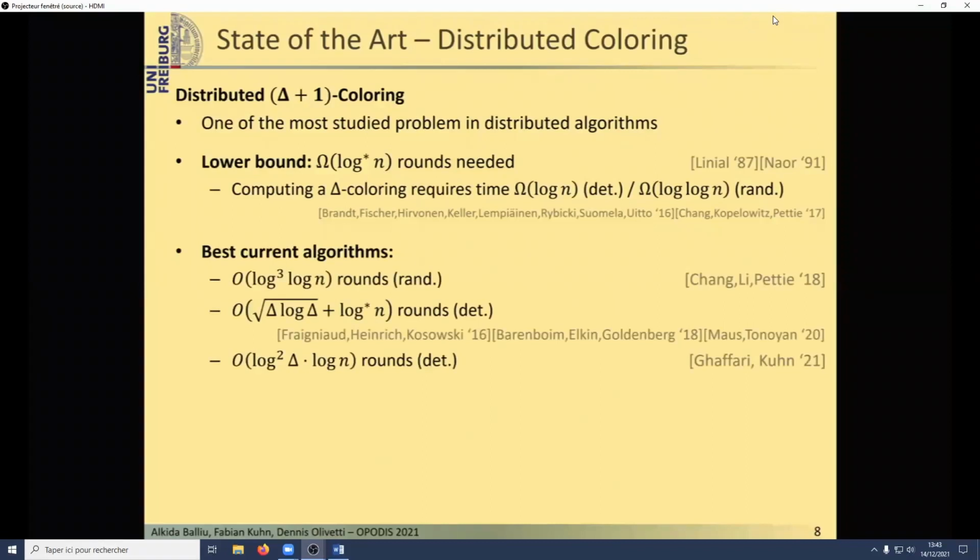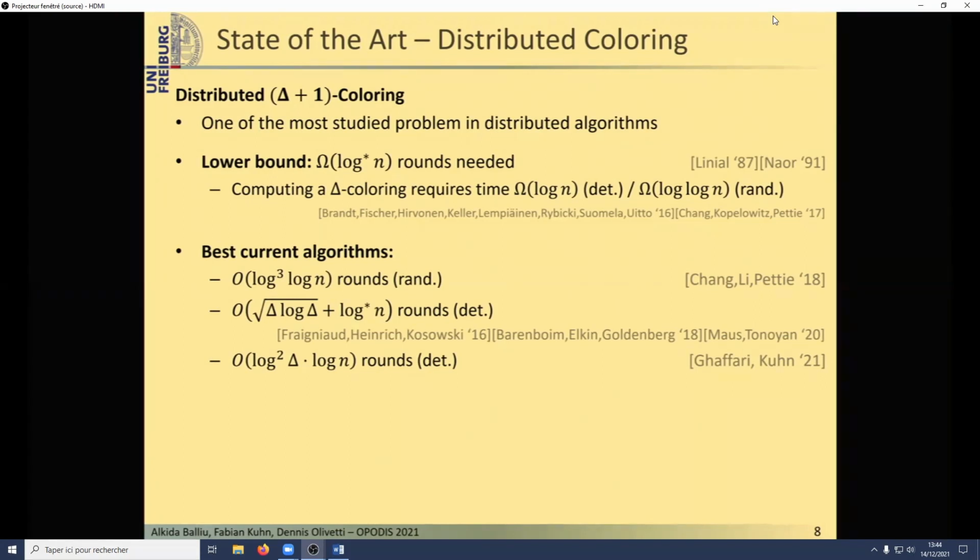So what do we know regarding algorithms? I basically wrote down the best bounds we know. The best randomized algorithm for delta plus 1 coloring is log n to the power of 3. And for deterministic algorithms, there were really 2 cases we care about.